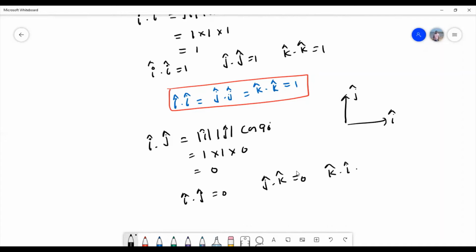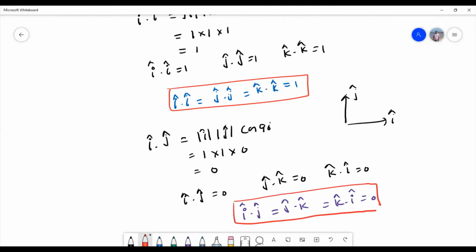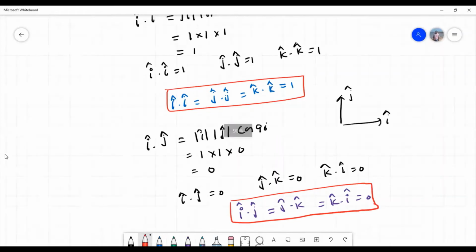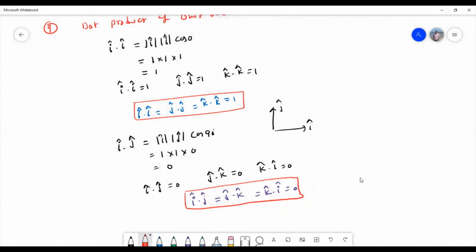K dot I is 0. So overall I can write this as I dot J, J dot K, and K dot I. These are all unit vectors, so you have to keep the caps. So these two are very, very important identities. So the dot product of two different unit vectors is 0. So I dot I is 1, J dot J is 1, K dot K is 1. But I dot J, J dot K, K dot I is 0.